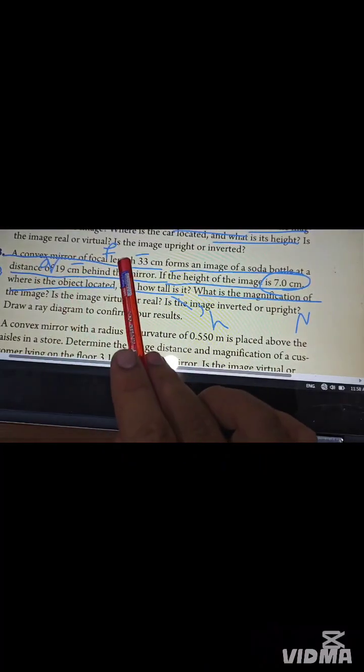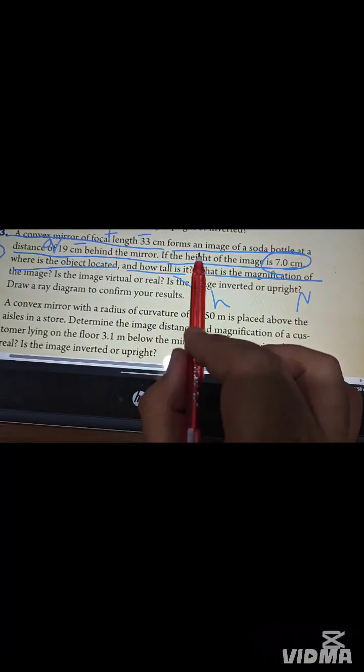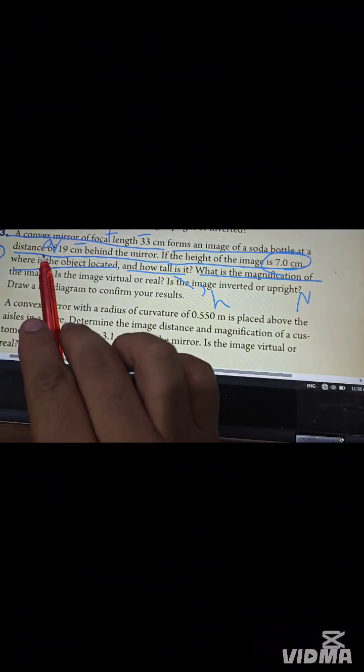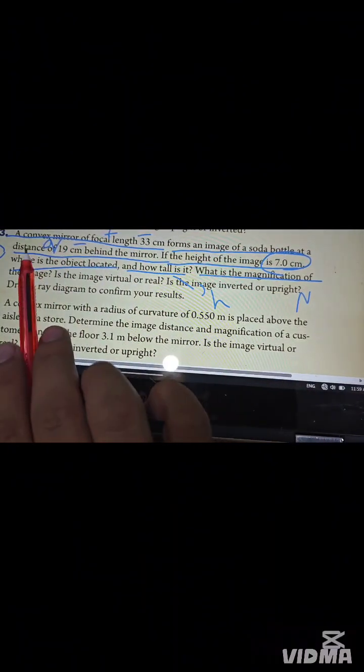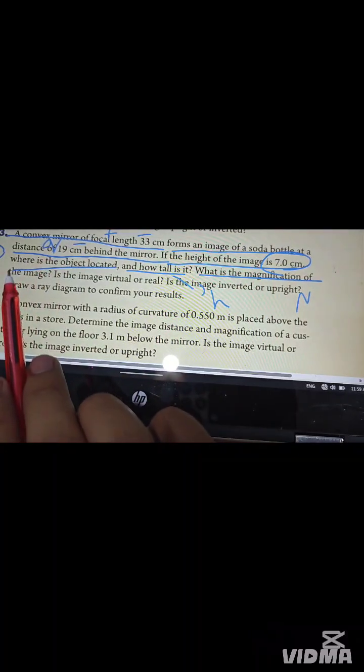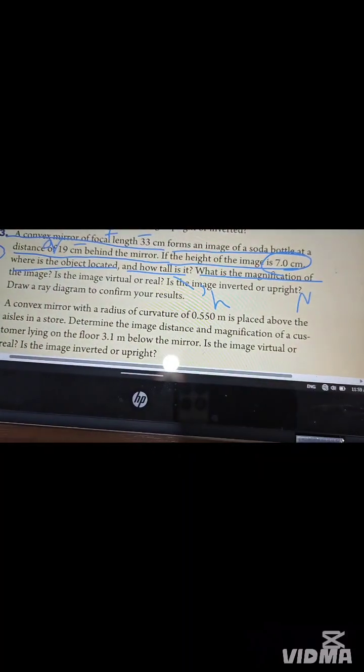A convex spherical mirror with focal length 33, negative because it's convex. If it's convex, every time the focal length will be negative. Focal length will be negative 33 centimeter. It forms an image of a soda bottle at a distance behind the mirror, and this value is negative, so Q will be negative 90 centimeter.